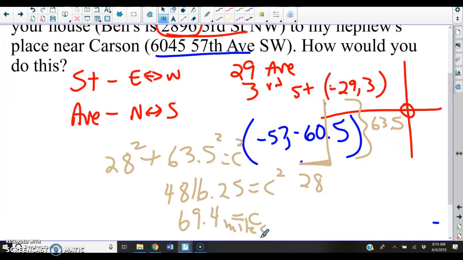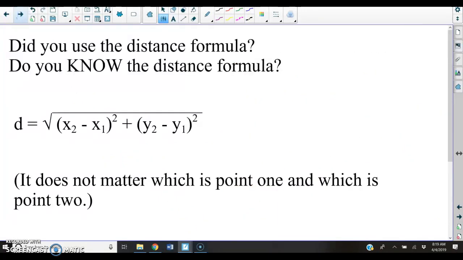Okay. Well, let's take a look at what would happen if we used the distance formula. Okay, do you use it? Do you know it? There it is. This is simply finding your change in your x direction. This is finding your change in your y direction.